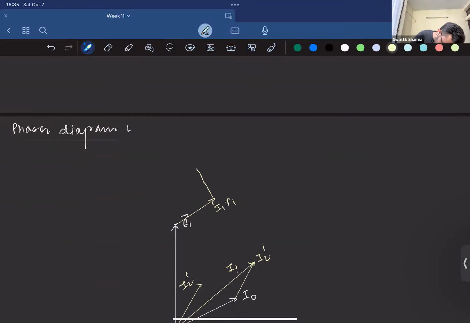This is I1 R1. Perpendicular to it, I1 X1.